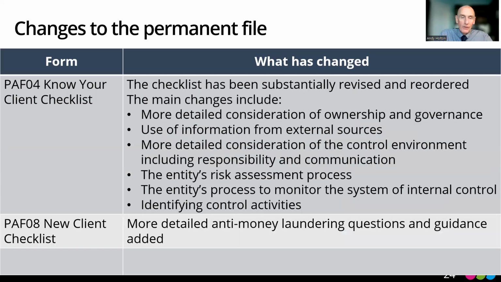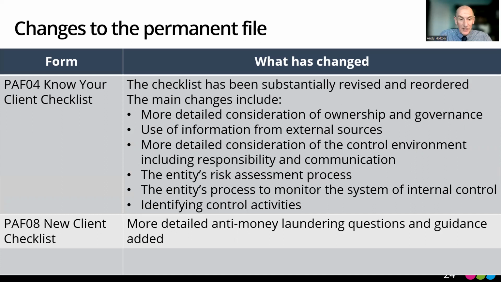Then moving on to the permanent file, we've got a number of questions added to the Know Your Client checklist. And a lot of these you'll see feed back to questions that were added to the C4 risk assessment form. So questions like the entity's risk assessment process, monitoring control activities, the control environment.